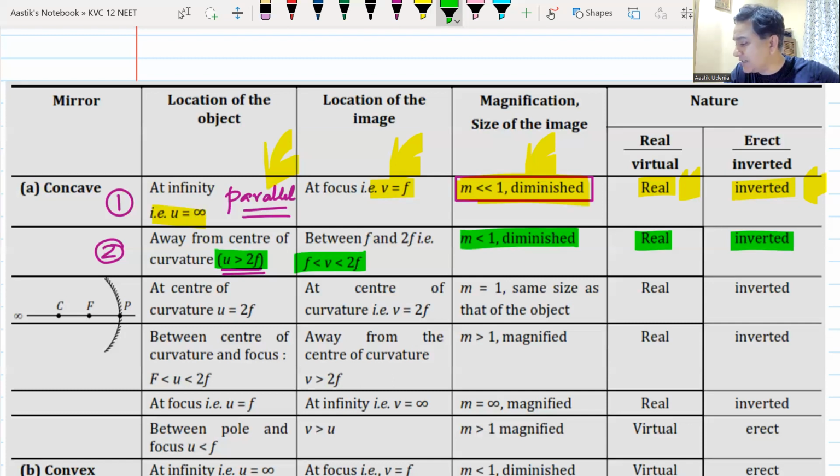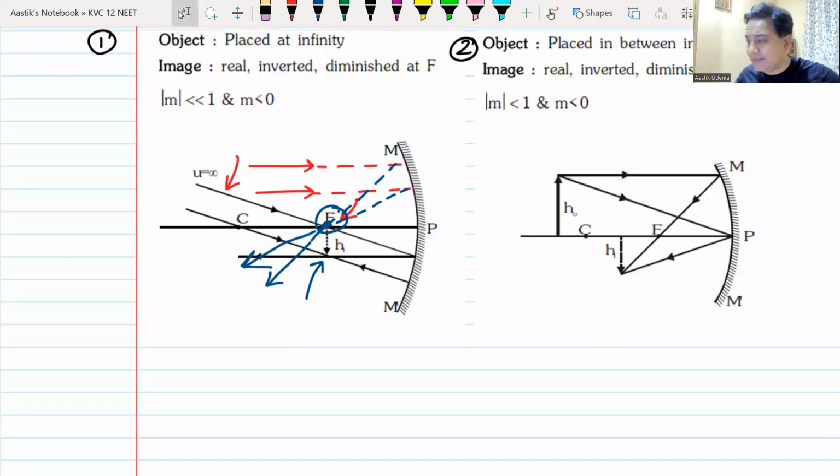Now I will show you the diagram of position number 2, and the diagram looks like this. The object is placed between infinity and C. You can see, my dear friends, C is here.